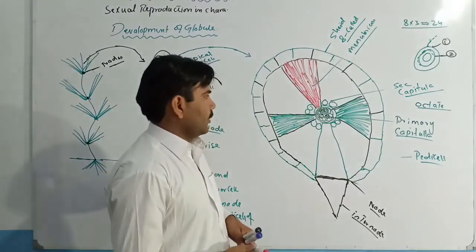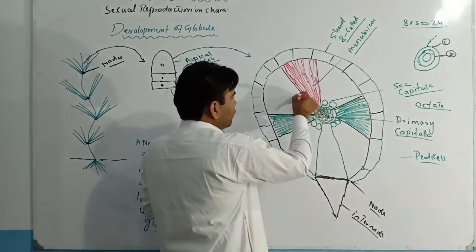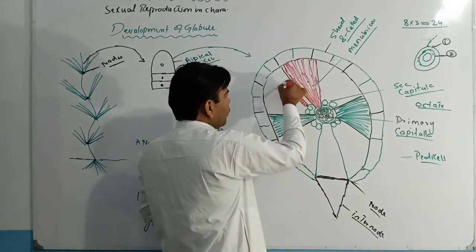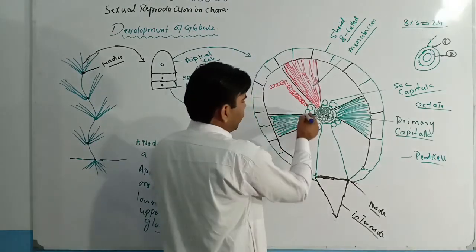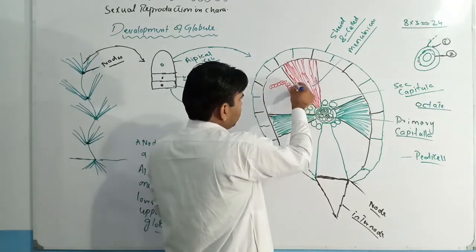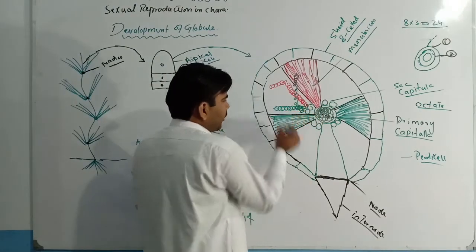And these capitula divide many times and produce a chain of cells, and this chain of cells is known as antheridial filaments.